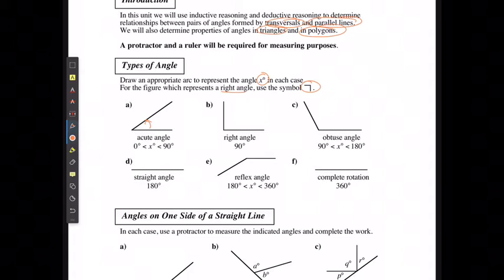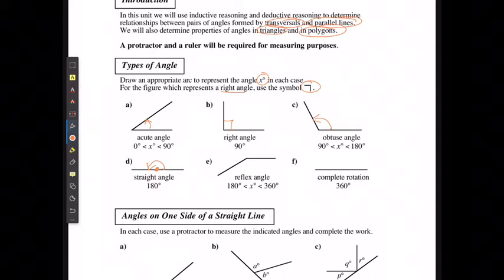A right angle is going to be that 90 degrees here. An obtuse angle is going to be one that's between 90 and 180. A straight angle just looks like a line, and that's one that's rotated a full 180 degrees if we pick a rotation starting point in here.